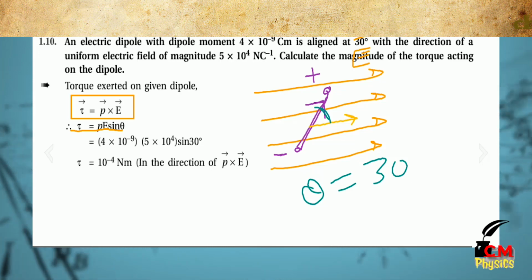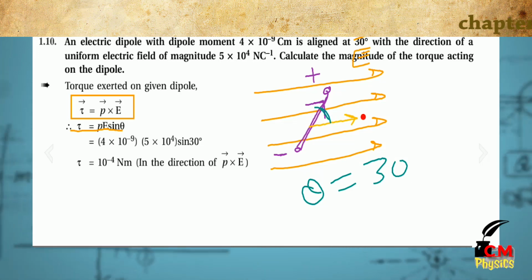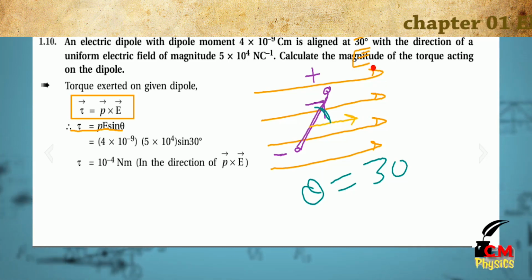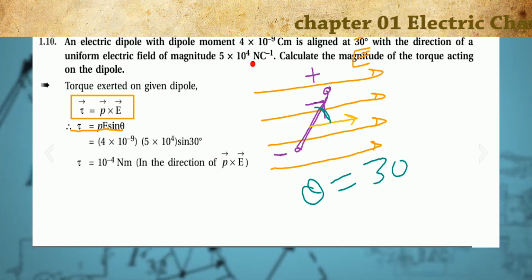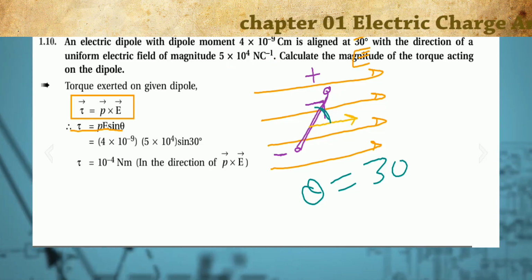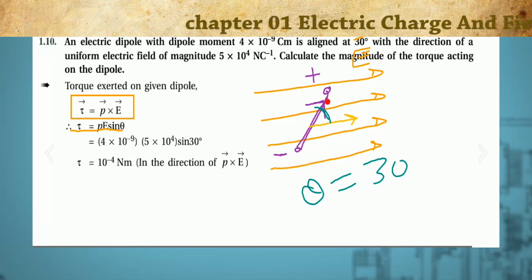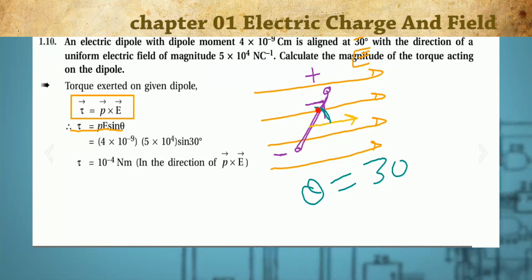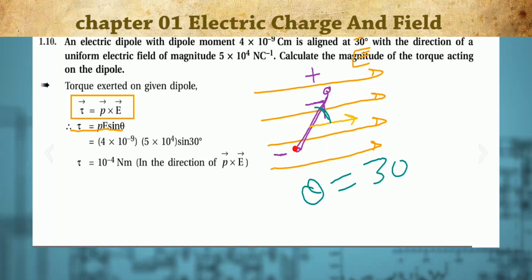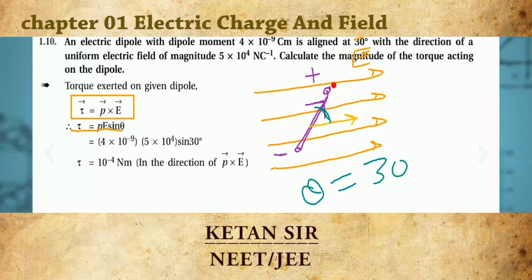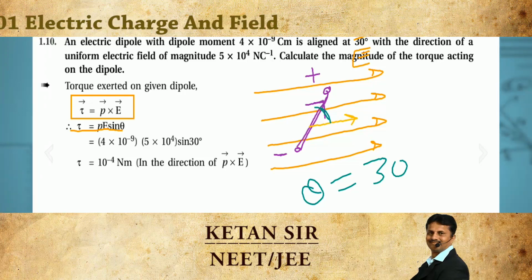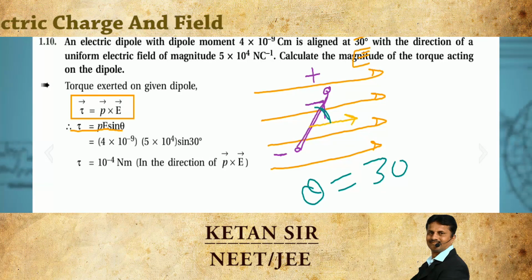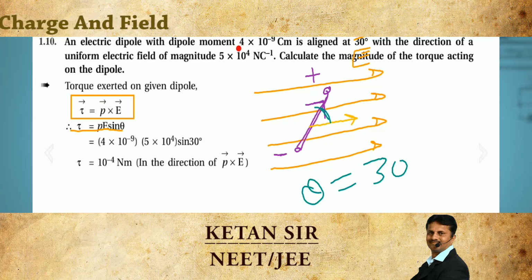The electric field value is given as 5 into 10 raised to 4 Newton per coulomb. The dipole is placed inside the electric field in such a way that the direction of the dipole, negative to positive, and the field direction have angle theta. Now put in the value: instead of P you put 4 into 10 raised to minus 9.